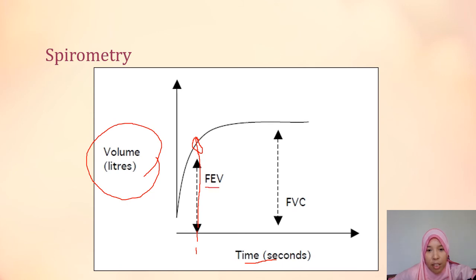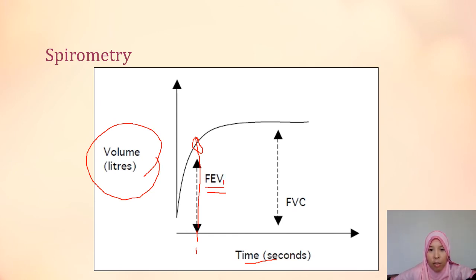This is what people take into account, and this is what people record, this FEV. FEV stands for forced expiratory volume, and usually we do FEV in the first second, so we call it FEV1, right?